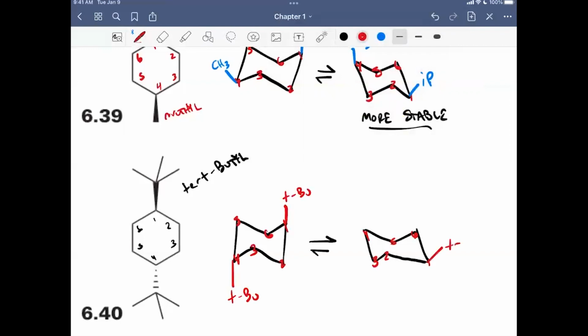We have a tert-butyl group on 1, that's a wedge, and then a tert-butyl group on 4, that's a dash, so that's down. Okay, which one is more stable? Right away, this one is definitely more stable because both tert-butyl groups are on equatorial positions on that second one. So that's going to be more stable.